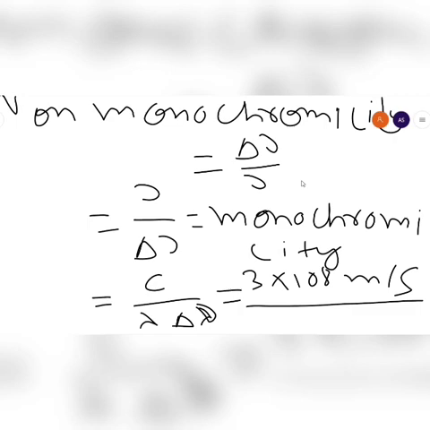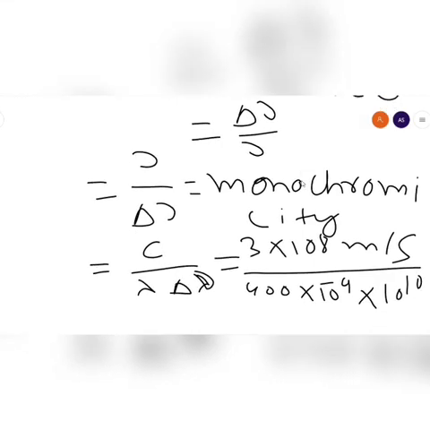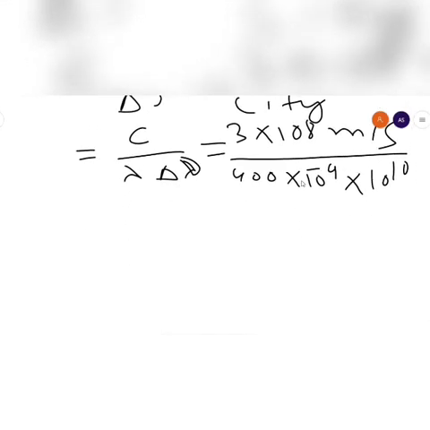First you will convert nanometer into meter: 400 into 10 to the power minus 9, and delta mu is 10 to the power 10. You will get the monochromaticity as 7.5 into 10 to the power 4.